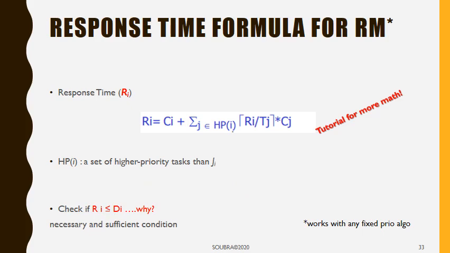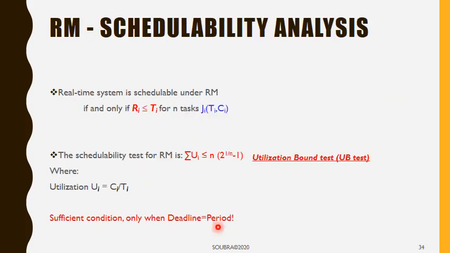There's an easier way now, when the deadline is equal to the period. In the case where the deadline is equal to the period, we can do something that we call the utilization bound test. Fair enough? So here we have a bunch of tasks with period and computation time, and there's this formula that we're going to use as is.